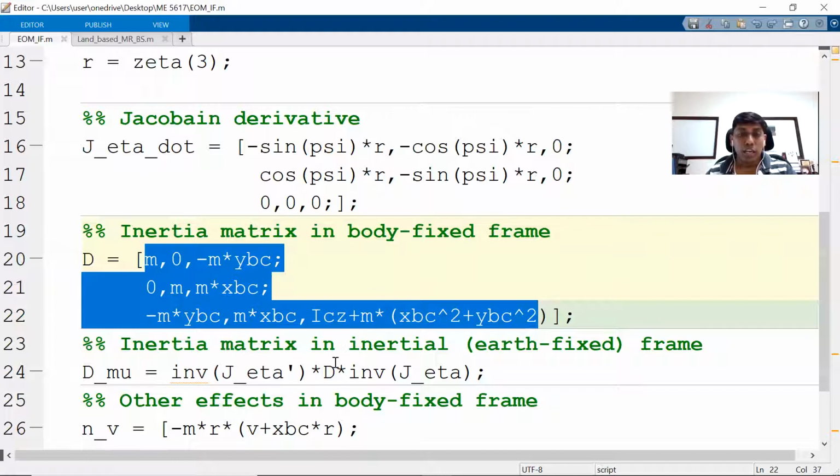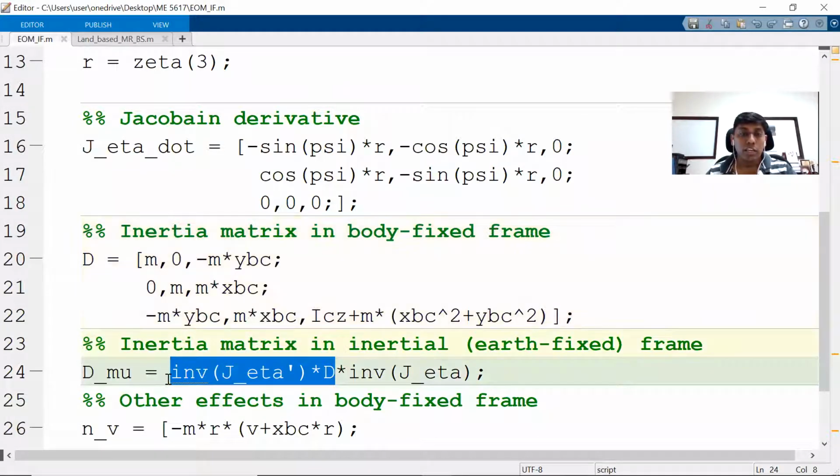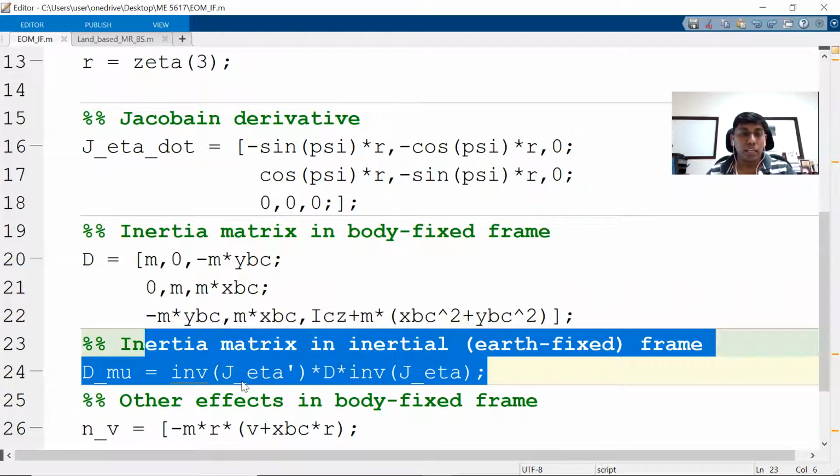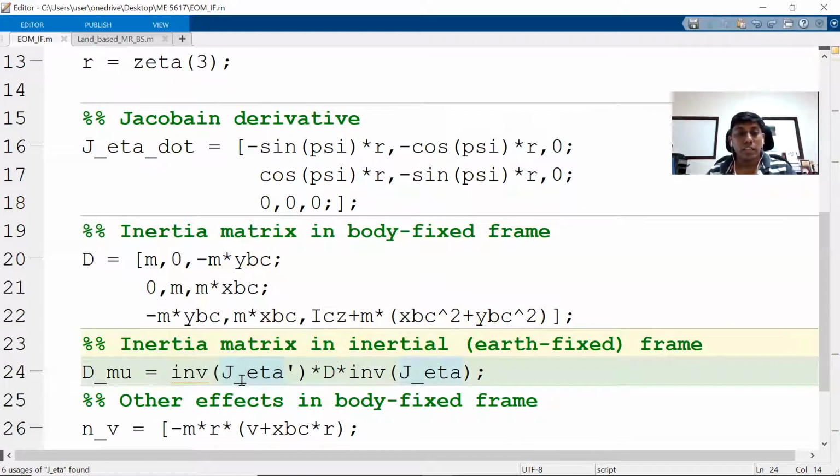Now eta double dot is equivalent to J of eta into zeta dot plus J dot eta into zeta, right? If that is the case, the inertia matrix can be written as the inverse of Jacobian transpose multiplied with D, the inertia matrix, then the inverse of J eta.